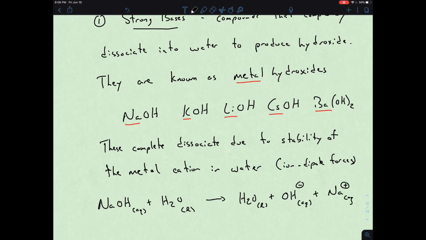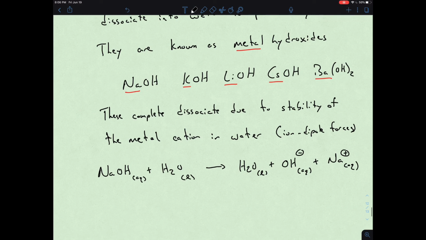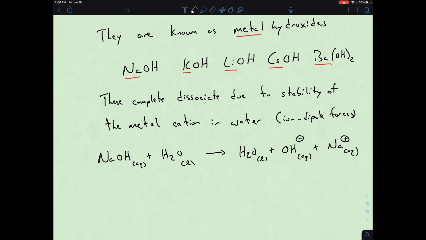So showing you the chemistry there, but generally we leave out the water since it's somewhat redundant in the process. You can't tell relative strength.